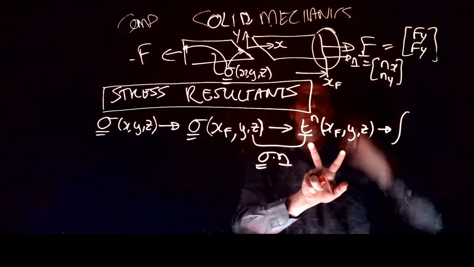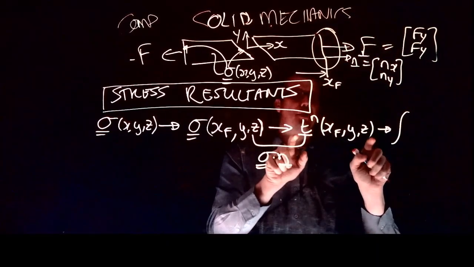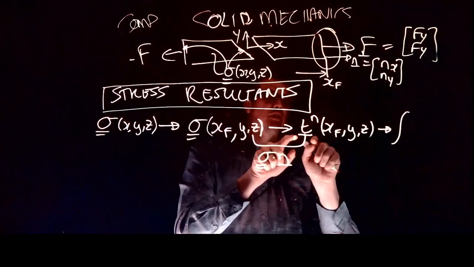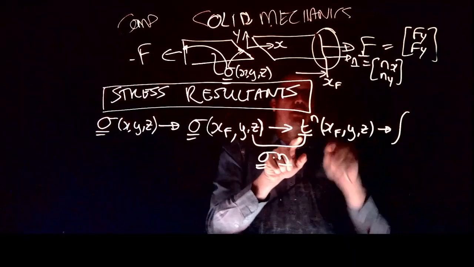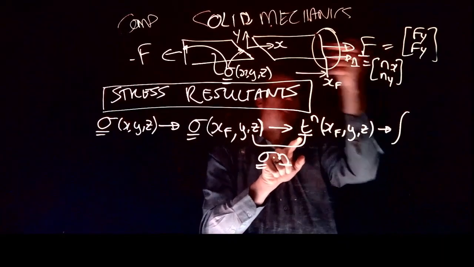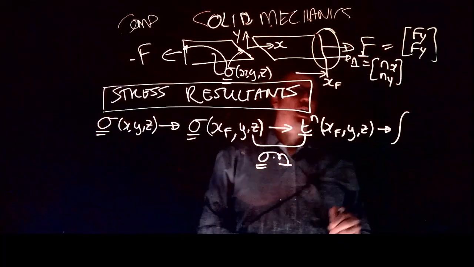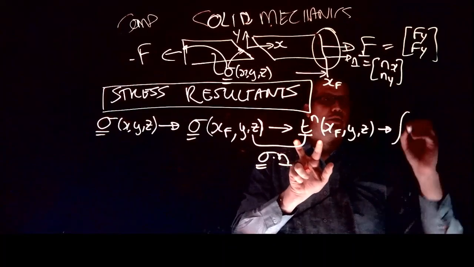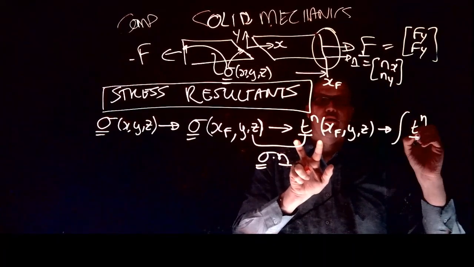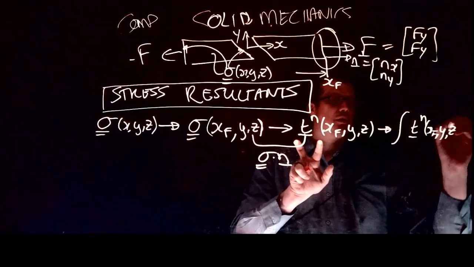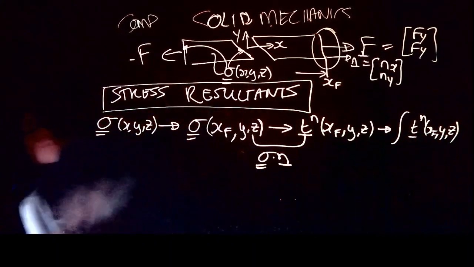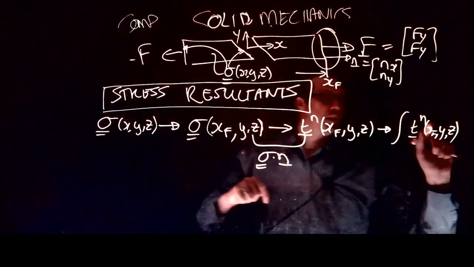I've drawn it in this F direction, but I need to look at what component I'm interested in. Remember, this traction vector lives again in the XY coordinate system space. So if I look at normals in the X direction, I want to look at the X component of this. So I want to take this traction vector, X, F, Y, Z, and I just want to check that I'm still on the board. Yep, this X is terrible.